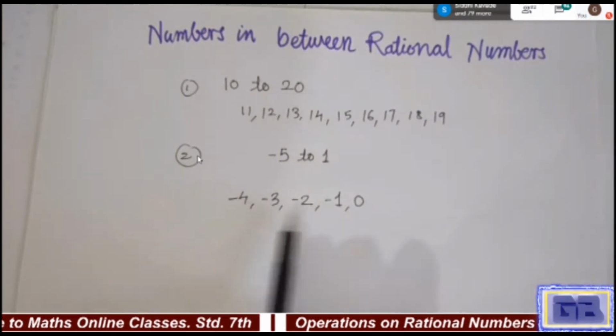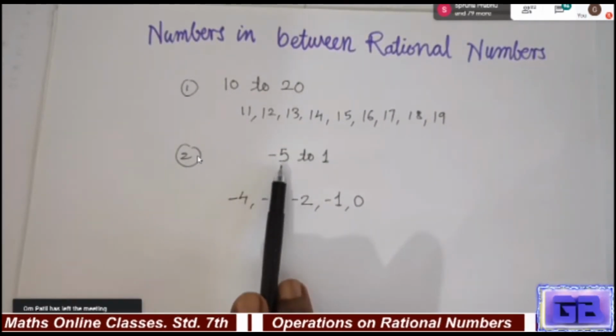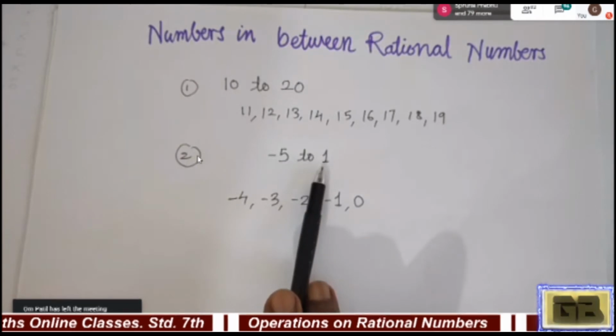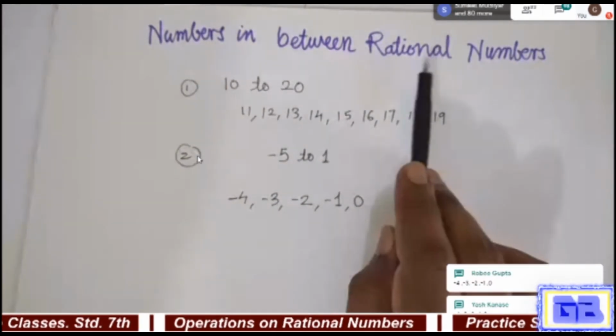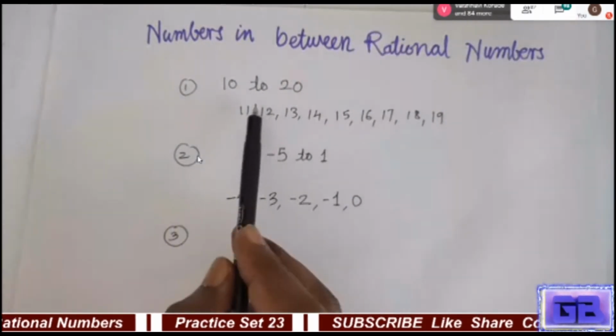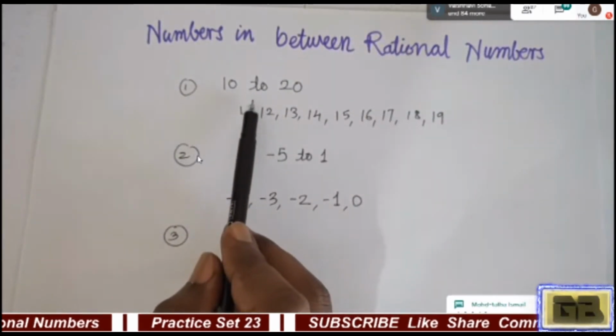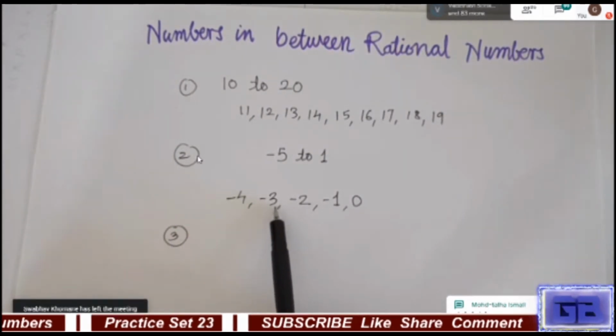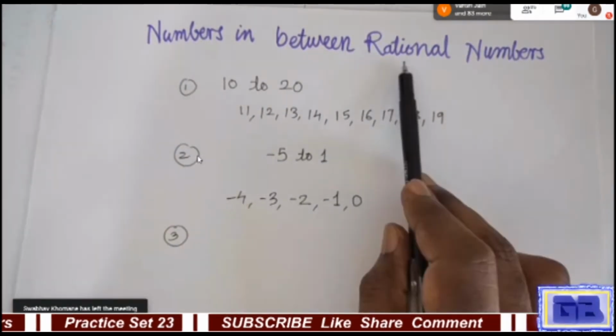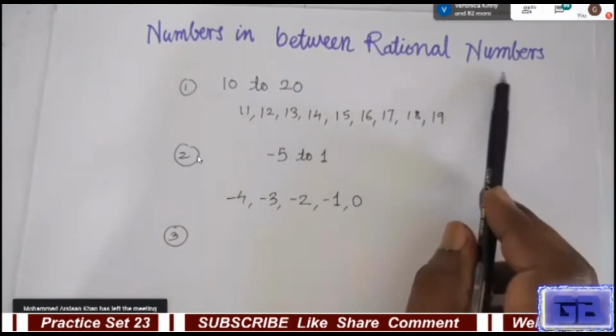These integers lie in between -5 and 1. As we are learning rational numbers, first was the example of natural numbers, these are examples of integers, and now we will see examples of rational numbers.